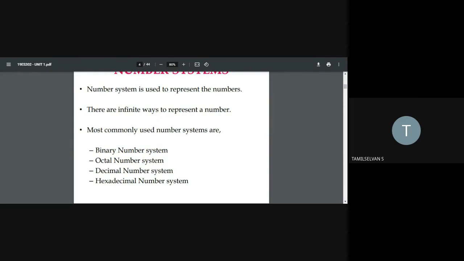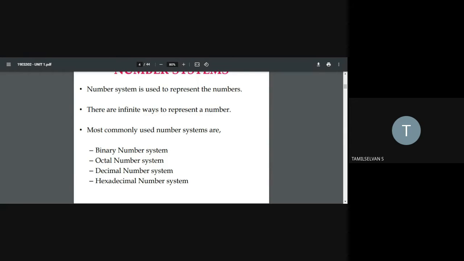In the binary number system, the base value is 2, because it contains only zeros and ones, right? In the octal number system, the base value is 8, because it contains 0 to 7. The decimal number system is the most commonly used number system by humans, because it contains 0 to 9 values, so the base value is 10.